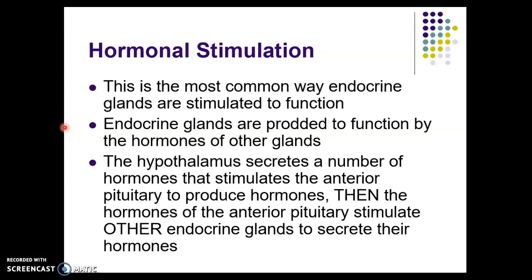Hormonal stimulation of the endocrine system happens when a hormone from one endocrine organ prods or pushes another endocrine gland to produce its hormones. And we call this tropic. Okay, let me back up for a second. So when a hormone causes a gland to produce a hormone, all right, that's hormonal stimulation. Those hormones are called tropic, T-R-O-P-I-C.